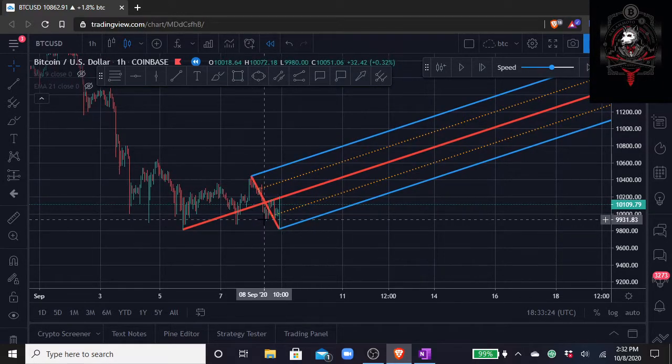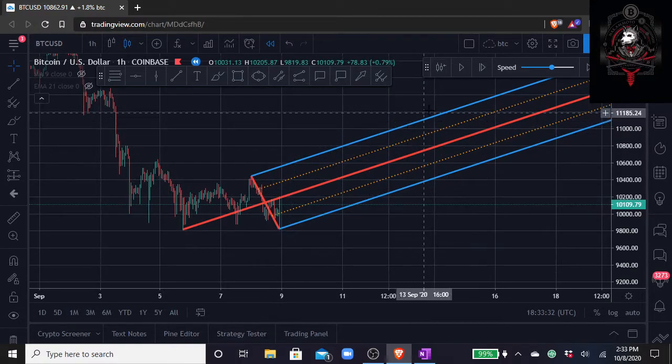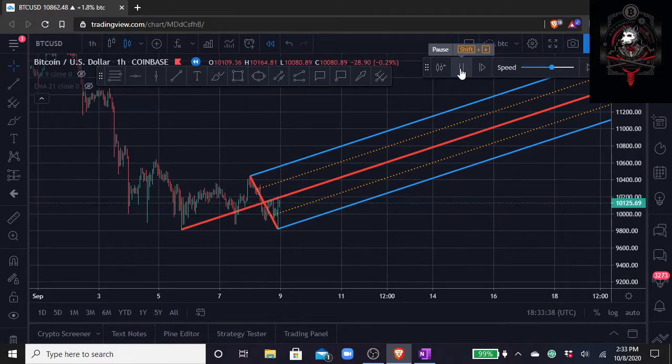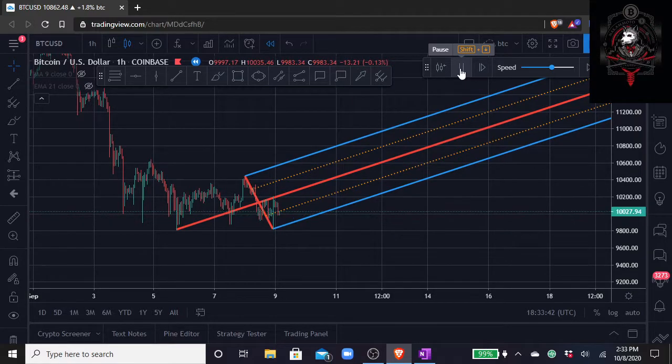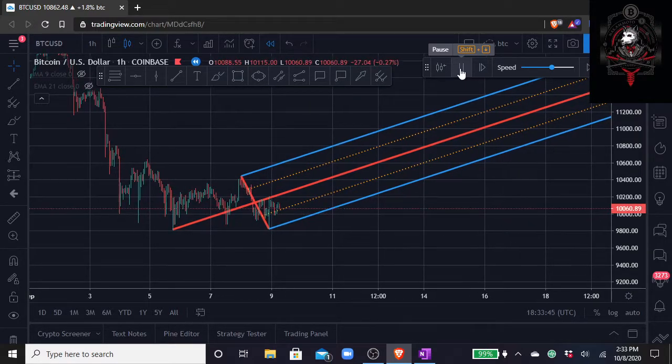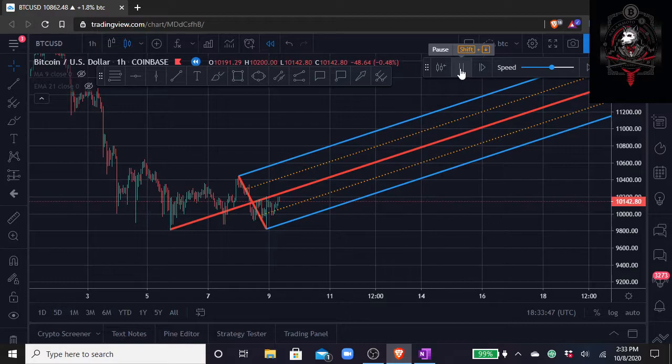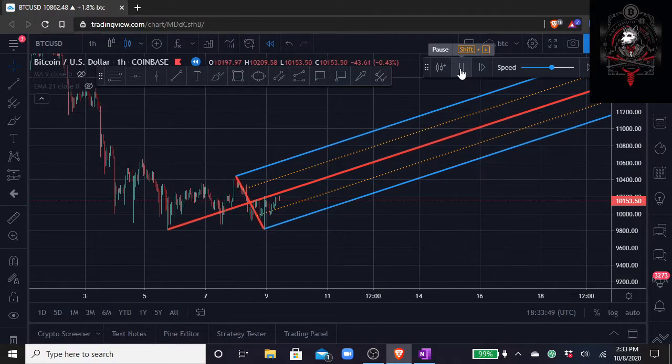You can see how we've got the upper, the lower, and our median line here. So let's go ahead and play the candles and see how this plays out. Kind of riding on that halfway mark on the median, it bounced off the middle median line.